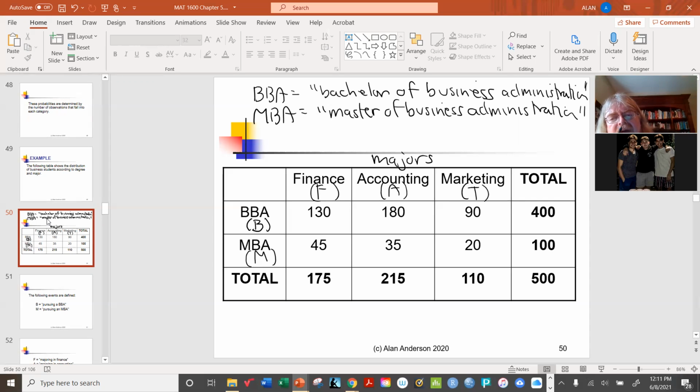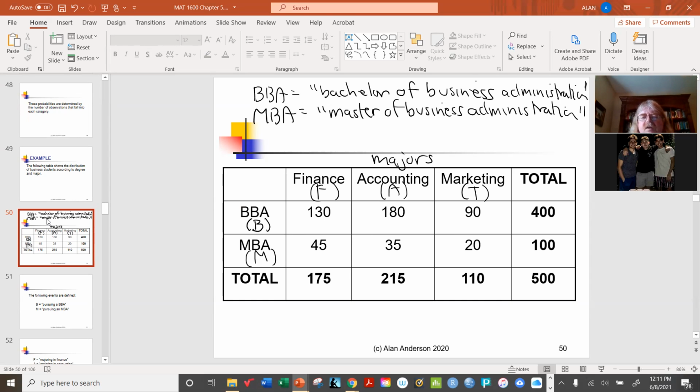So imagine that I randomly pick one of these students to be on the cover of the alumni magazine. What is the probability that the student that I chose is getting their bachelor's degree in finance?